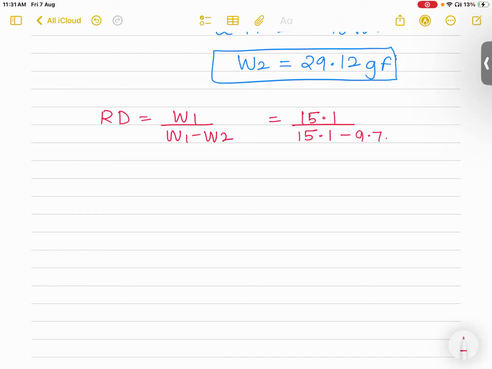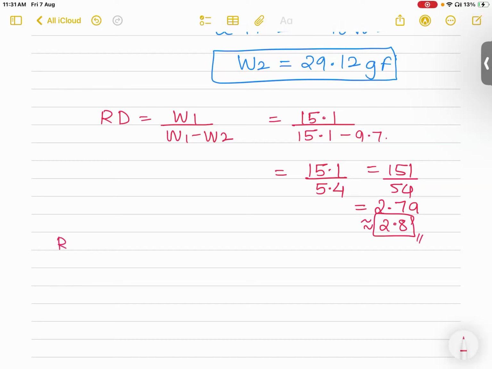I subtract both of them, I get 15.1 upon 5.4. We remove the decimal, we get 151 upon 54. When we divide this, we reach our answer, which will be 2.79. That will be approximately taken as 2.8 without any unit.